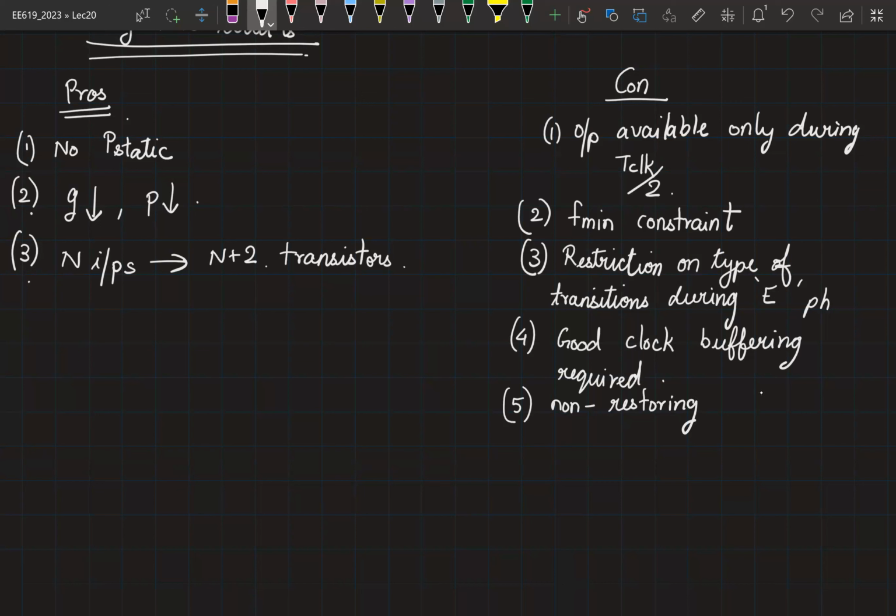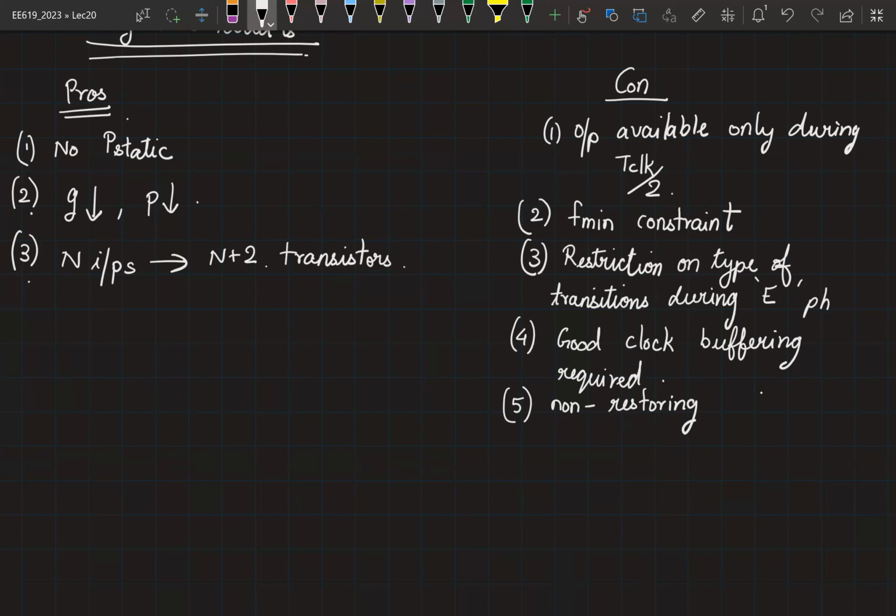When your node is floating, if some glitch occurs there because of coupling from another transition, that can affect your output. Right? So that is a major drawback compared to static complementary CMOS-based implementation, because there you always have a direct path from VDD to the output or from ground to the output.